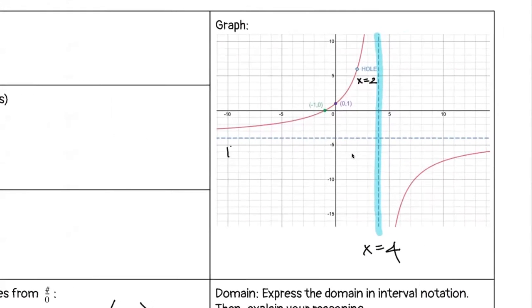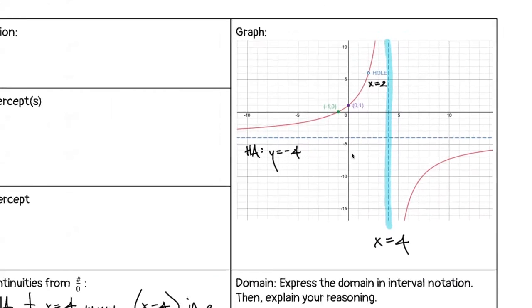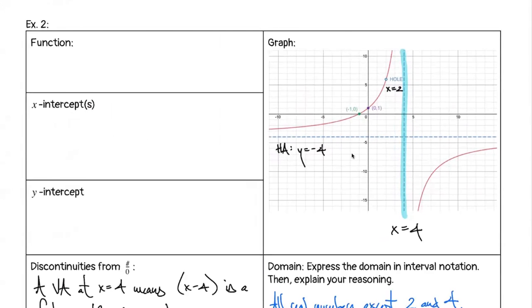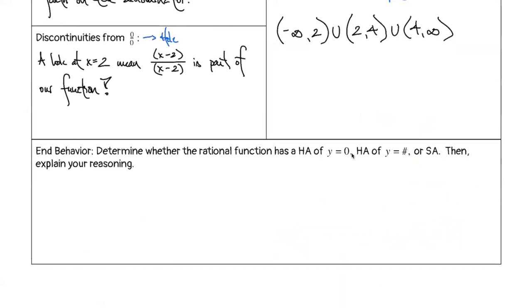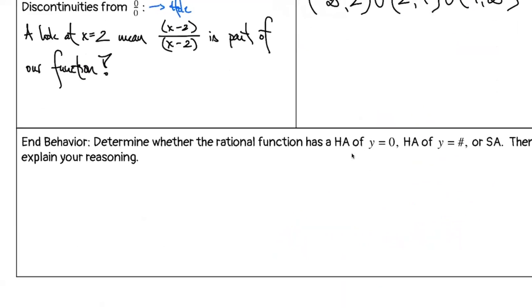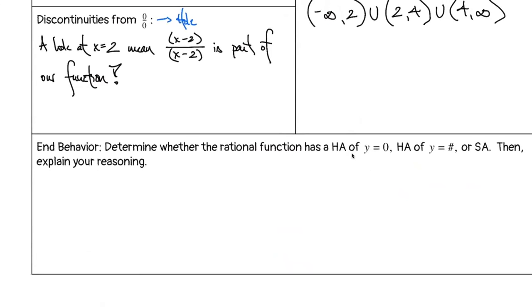So that would mean that, like with the denominator rules or the degree rules that we talked about, the degrees have to be equal and then do some type of ratio. Okay, good, good. So we're going to go to the horizontal asymptote, which is the end behavior at the very bottom here. And it says determine whether the rational function has a horizontal asymptote of 0, y equals a number, or a slant asymptote.